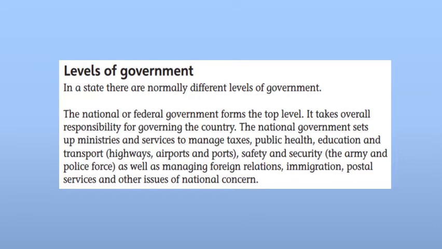The responsibilities of this level of the government are to run different ministries, to manage the taxation, to manage the public health, education, and the important ministries like the foreign office, the defense ministry, and the Ministry of Interior. So managing police and army and security, all of this is the responsibility of the central government. This government is at the level of the capital, or at the highest level of the country's power.